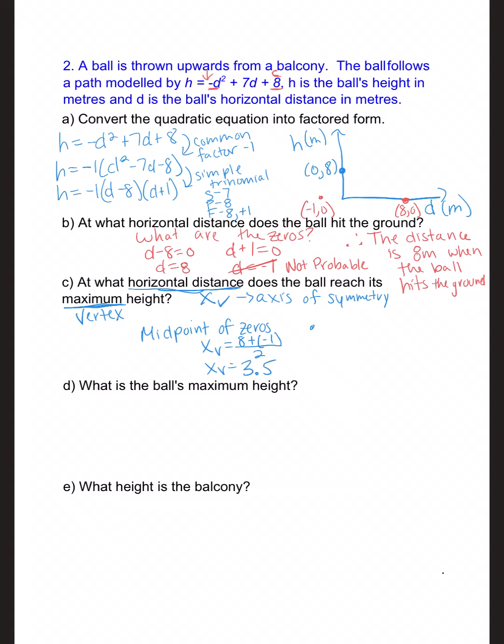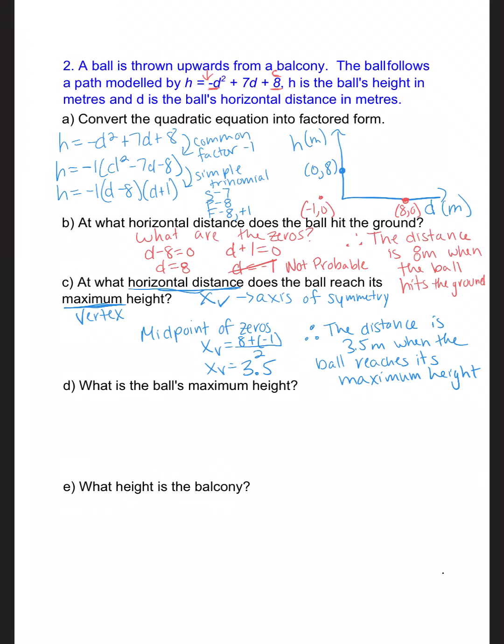Okay, so the horizontal distance is 3.5 meters when the ball reaches its maximum height. So that's part of our vertex, but it's not all of it. So we're going to hold up on actually graphing what that is.